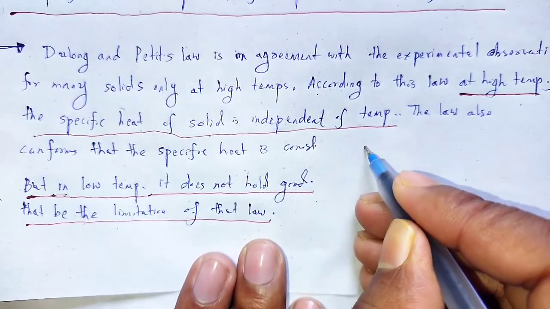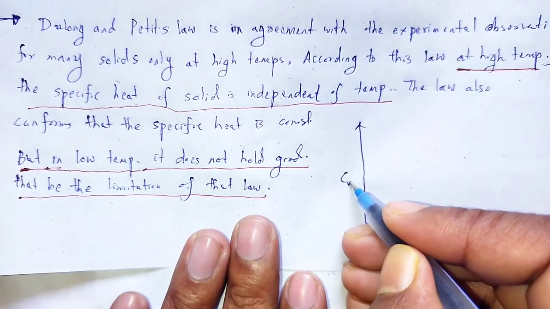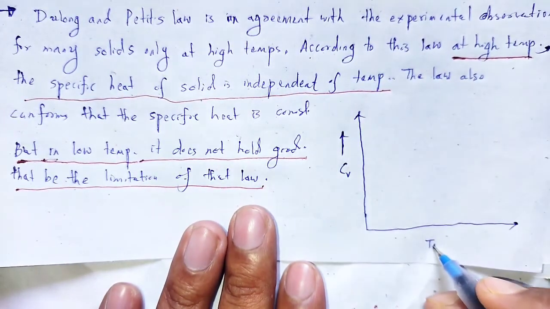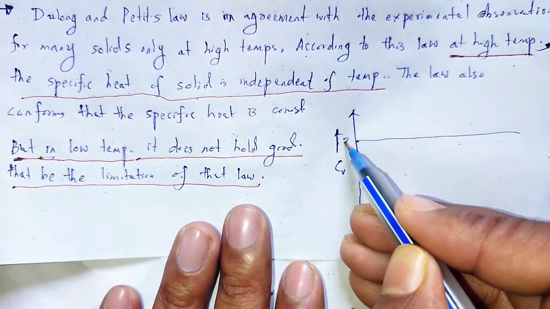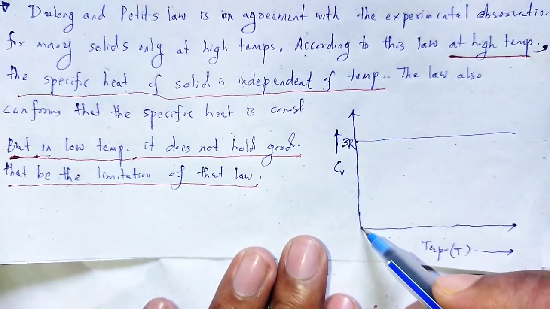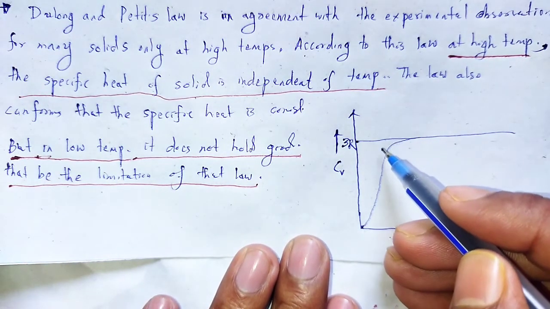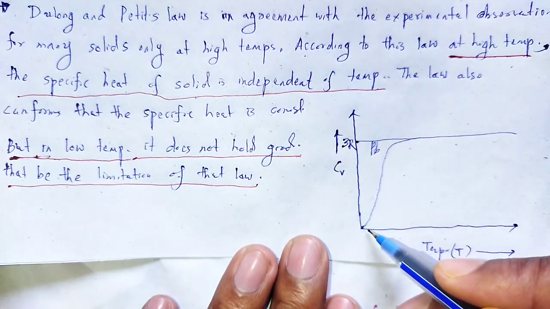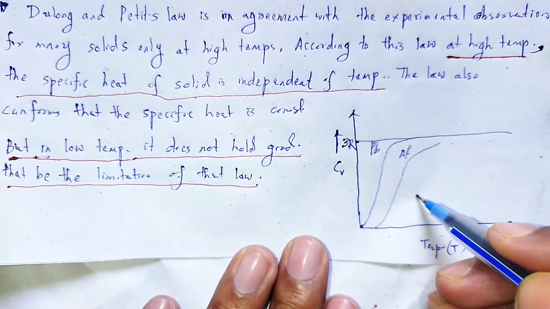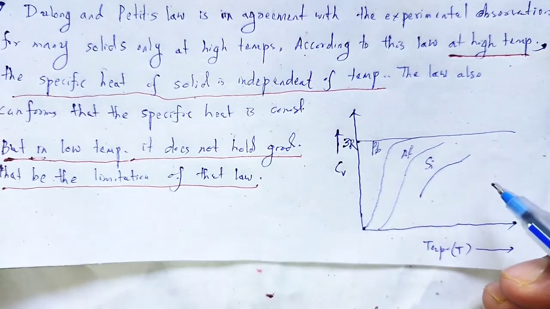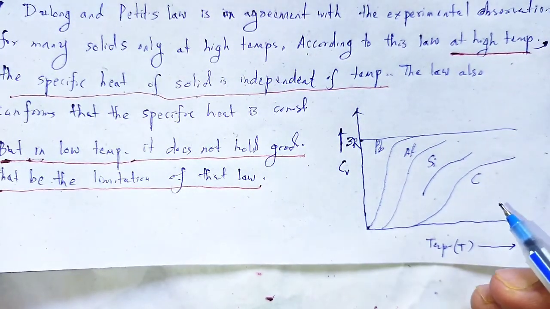If we plot the graph between Cv and temperature, with the 3R line, there is a curve for lead, a curve for aluminum, a curve for silicon, and a curve for carbon or diamond.